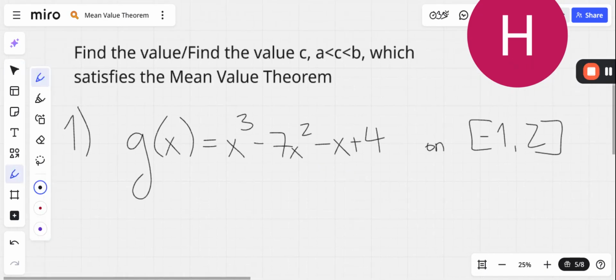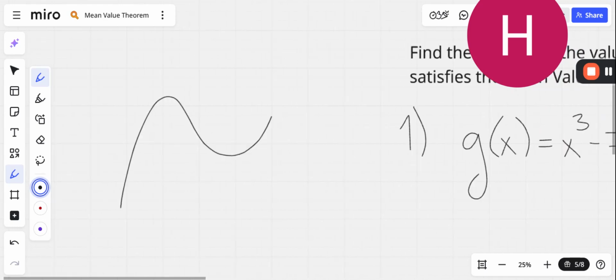Notice that we're given an interval for this. So we're looking specifically on this interval. There's some average slope on that interval. We don't need to know exactly what the function looks like. But if we were to get an idea, something like this, we might be talking about like from here to here. And so the average slope would be that.